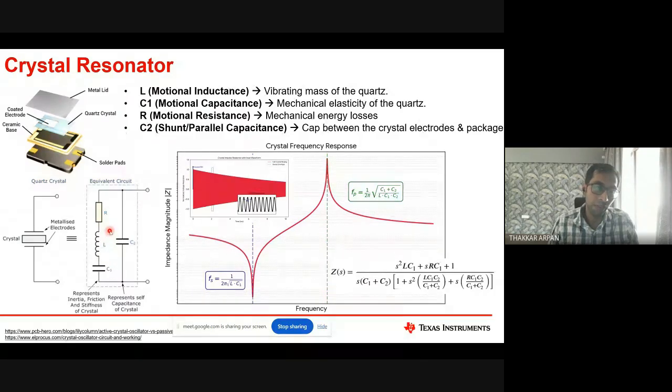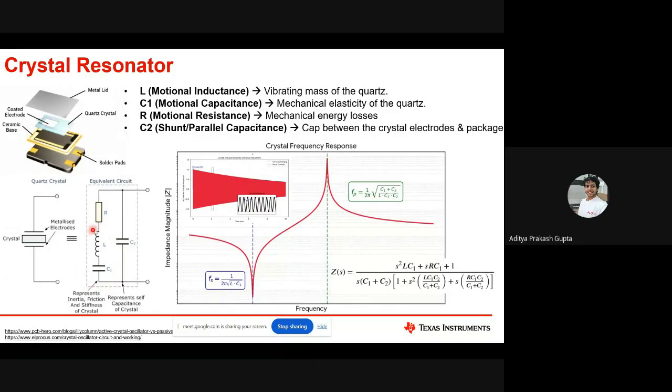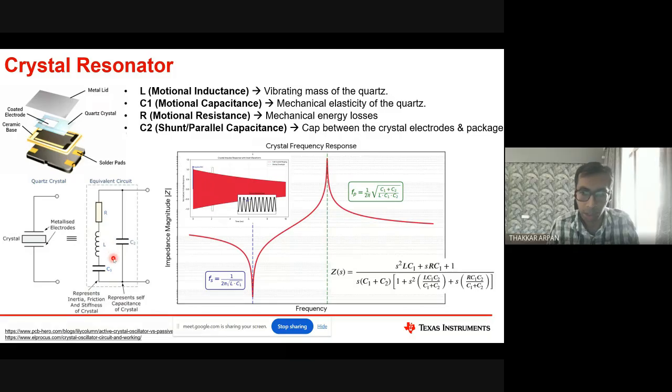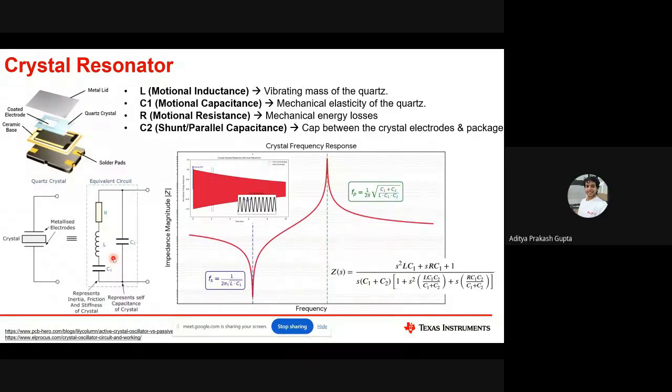So imagine a frequency where this omega L exactly becomes 1 by omega C1. Then what will happen? This entire thing will become 0. Any questions? No, sir. Okay.